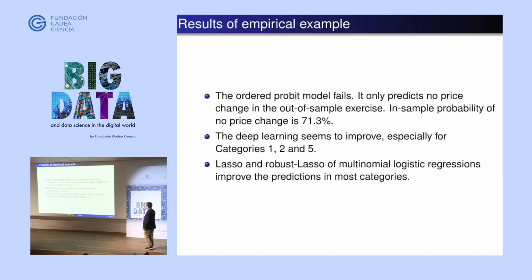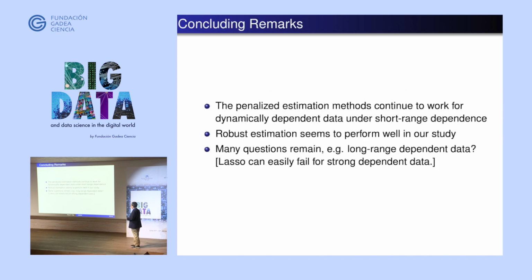The deep learning seems to improve, not all the categories, but the robust lasso and lasso with the multinomial type of model seem to improve, especially the extreme categories; they can capture those. So that, I think, is the important improvement in this particular exercise.